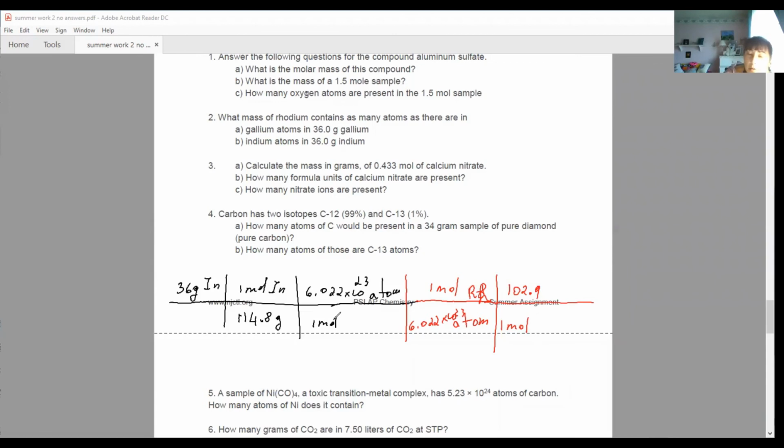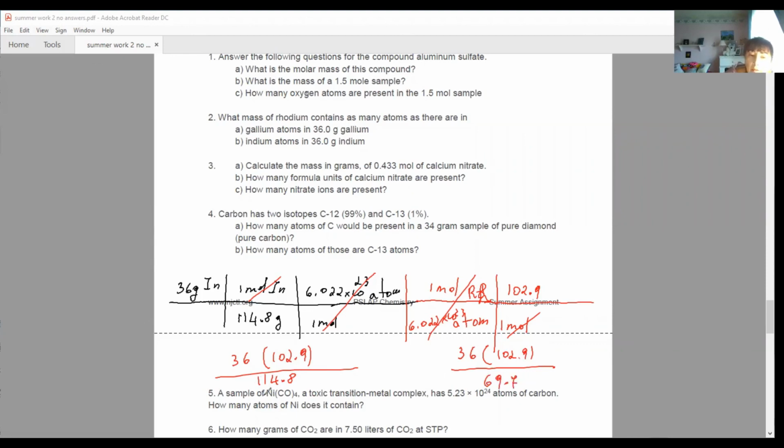As you notice, basically these fractions we can just skip altogether. This is 1 and 1. So basically we have 36 times 102.9 divided by 114.8. In the other situation, instead of 36, it was gallium, times 102.9 divided by the mass of the gallium, which was 69.7.